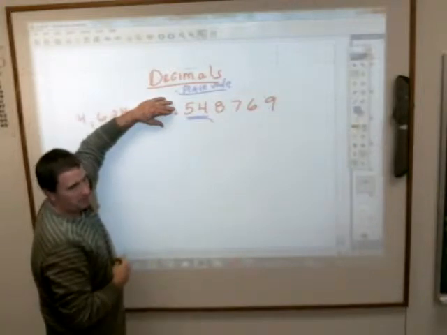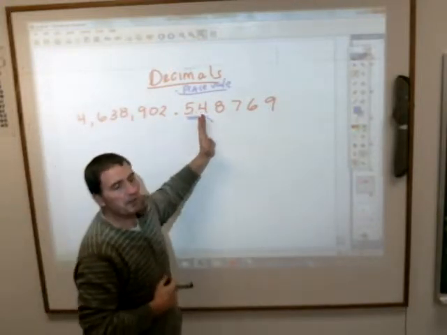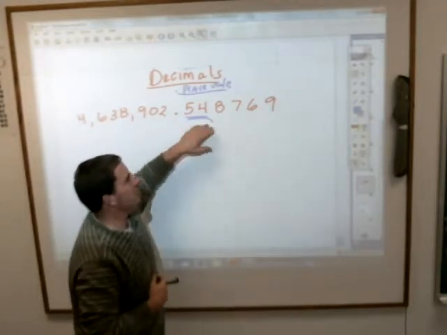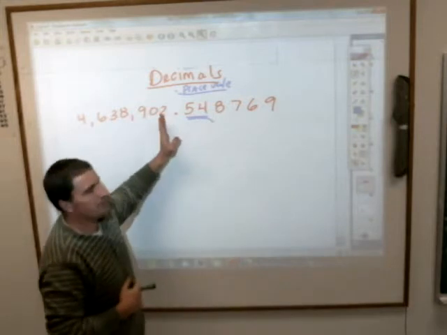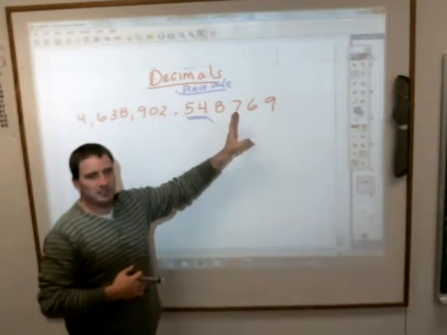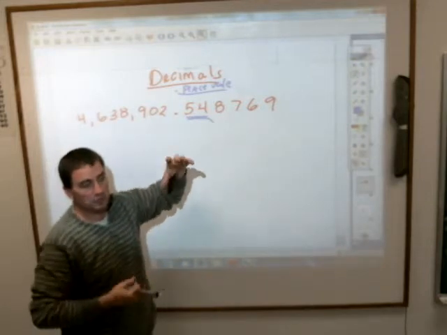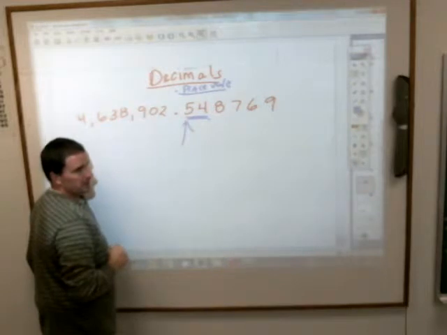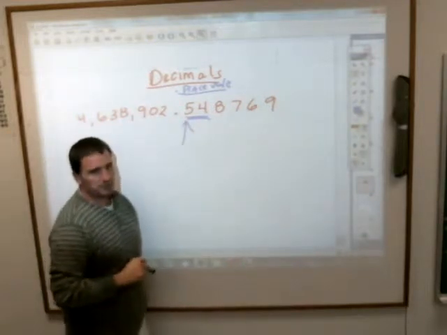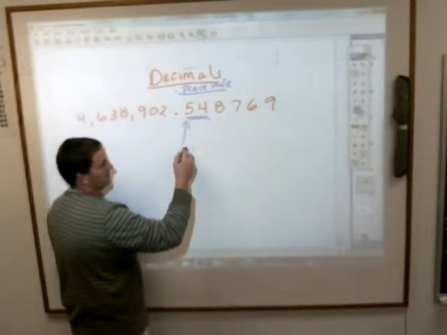54 cents. Okay, so the thing to get about decimals, first of all, is decimals are small. No matter how many digits I write over here, as you get farther away from the decimal point, the numbers start standing for smaller and smaller parts. In other words, this first decimal is in what place? Does anybody know what the first place after the decimal is called, Calvin? It's the tenths place.